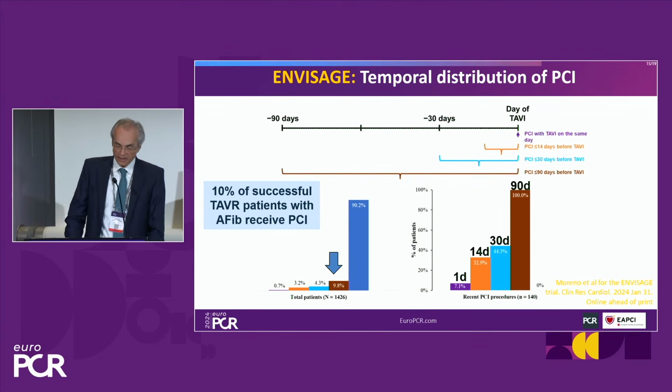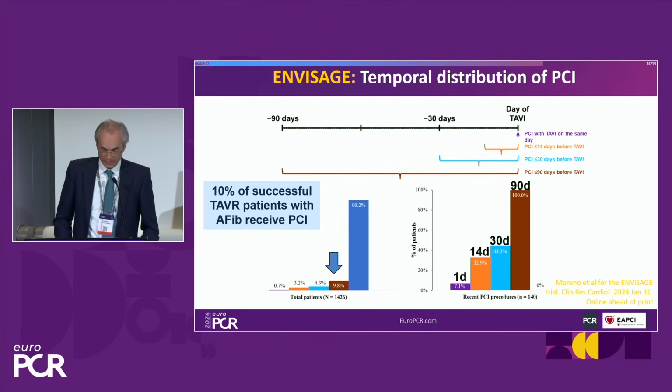Now, when it comes to dual antiplatelet therapy in these patients, again, these are patients treated with anticoagulation because of atrial fibrillation after successful TAVI. You see that about 10%, on the right-hand side here, have had a PCI.